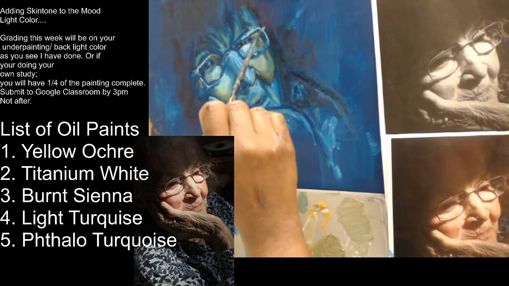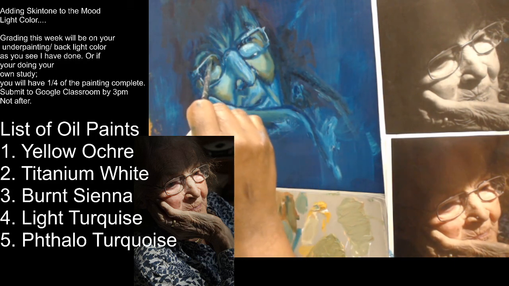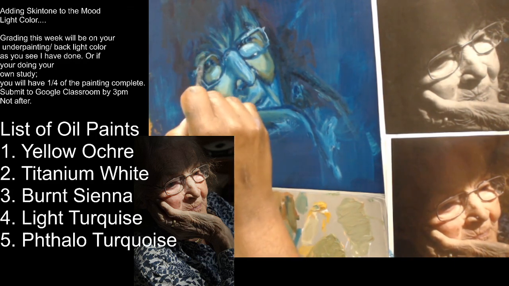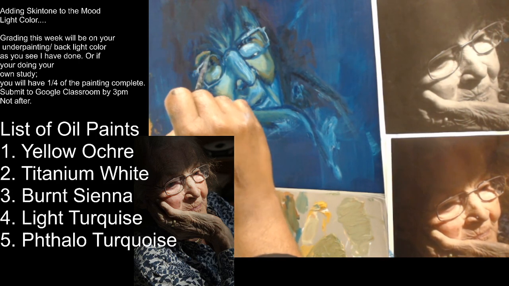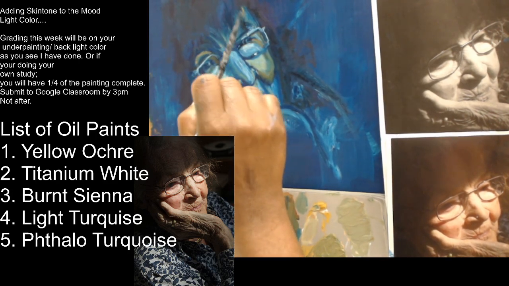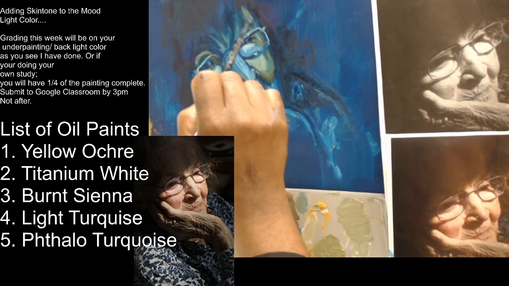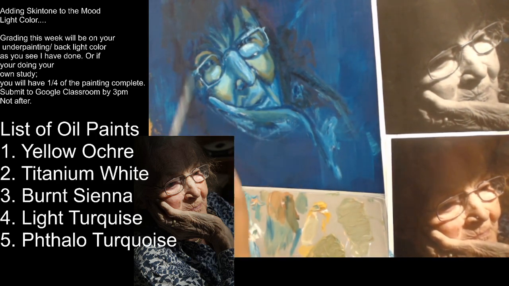There we go. I want to change that and go a little deeper brown right up here in his brow because it's actually in the shadow over there as well. Make sure to keep the shadow in the shadow. The reflective light also, keep it in the shadow.